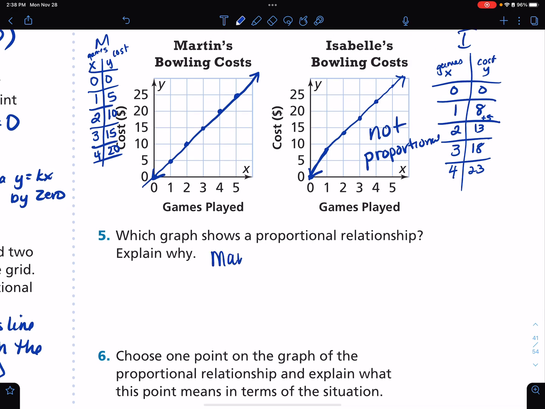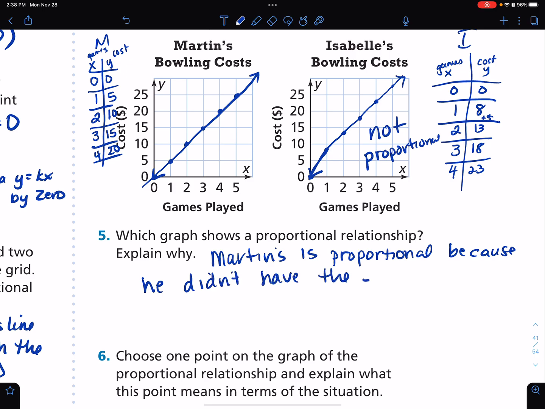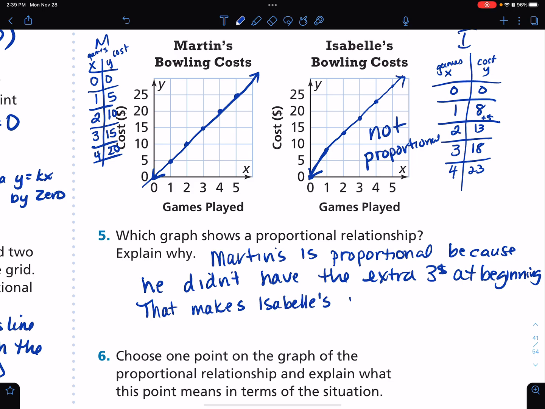Martin is proportional because he didn't have the extra cost of shoes at the beginning. That makes Isabel's graph not linear.